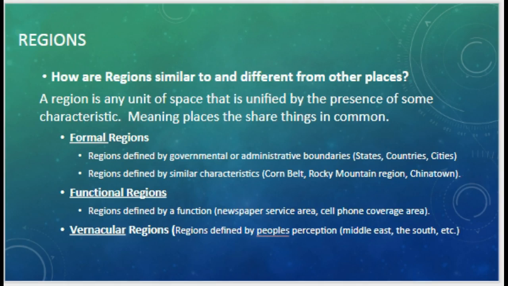Regions. How are regions similar to and different from other places? A region is any kind of space that is unified in the presence of some characteristics, meaning places share things in common.